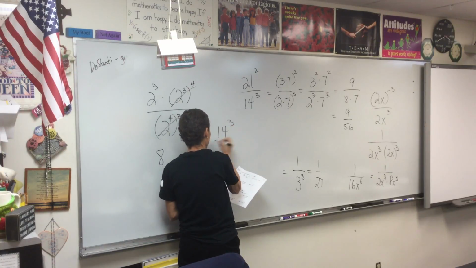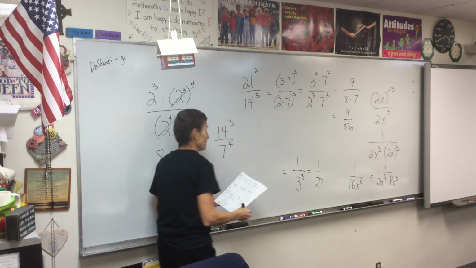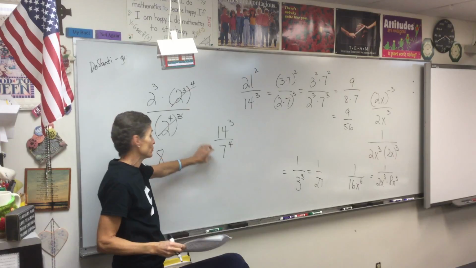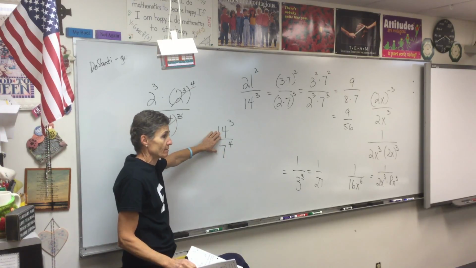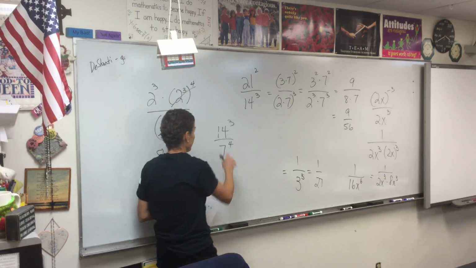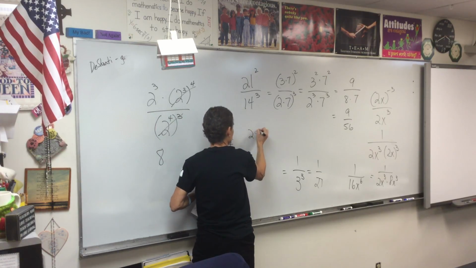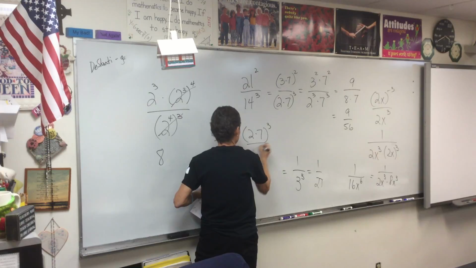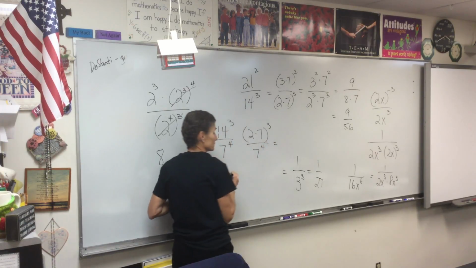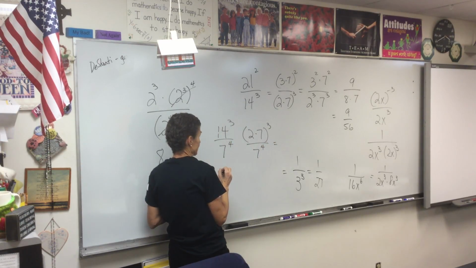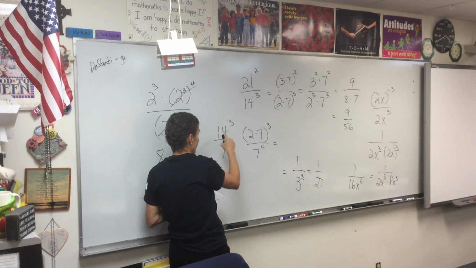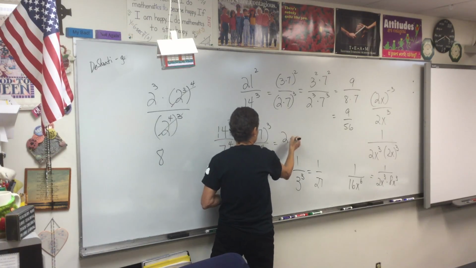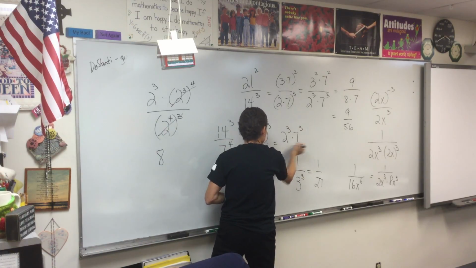Please don't try to cancel anything right now in this problem. Do not cancel 7 into 14. Don't do that. Think of 14 as 2 times 7, because that's what it is, right? So 14 cubed is really 2 cubed times 7 cubed.